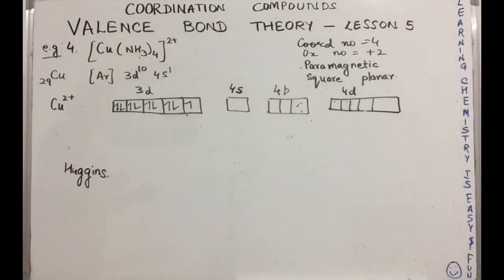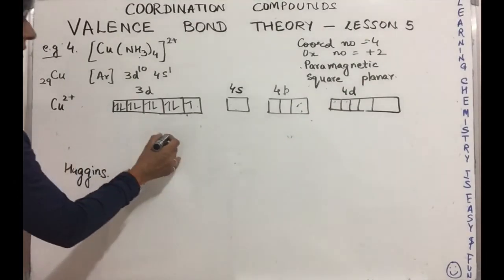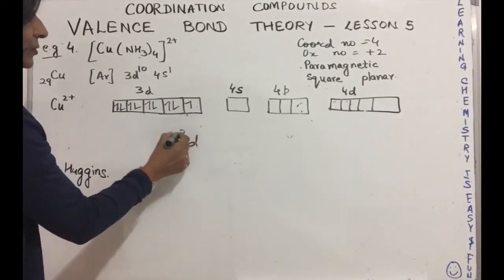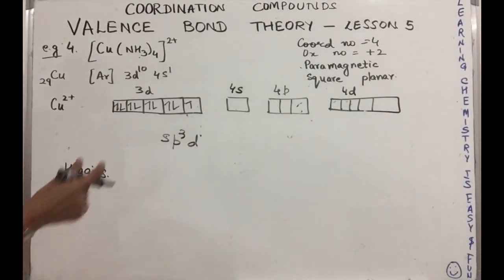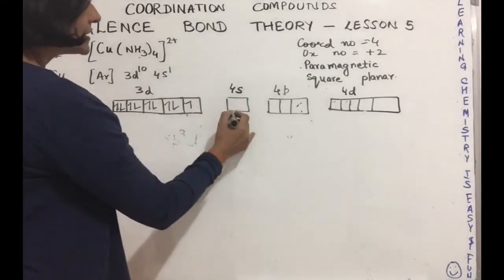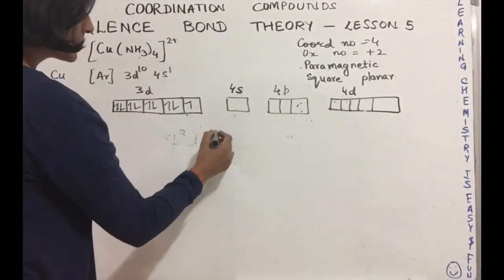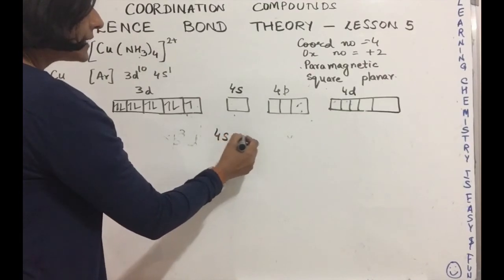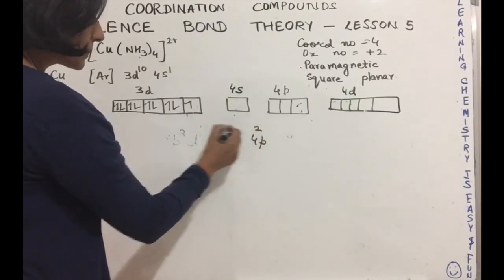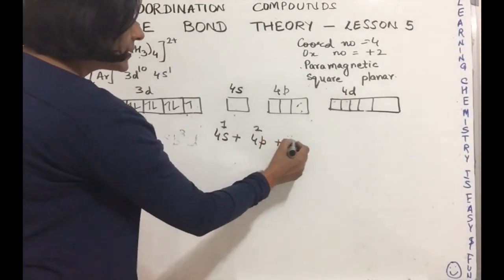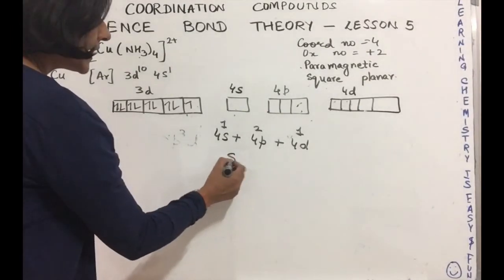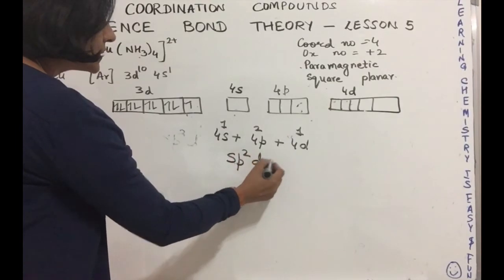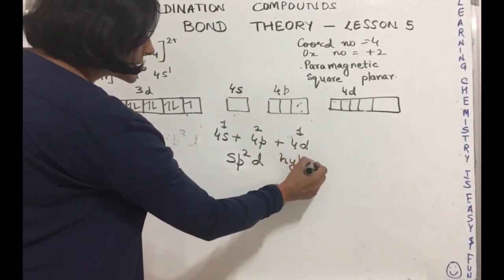But because it's square planar, if we are taking s and all 3 p and d, then it becomes sp3d, and sp3d means how many orbitals? 3 and 1, 4 and 1, 5. We need only 4 ligands over here. He said it is 1 of s, so it is 4s, and there are 2 of 4p and only 1 orbital from 4d, which will come together to form sp2d hybridization.